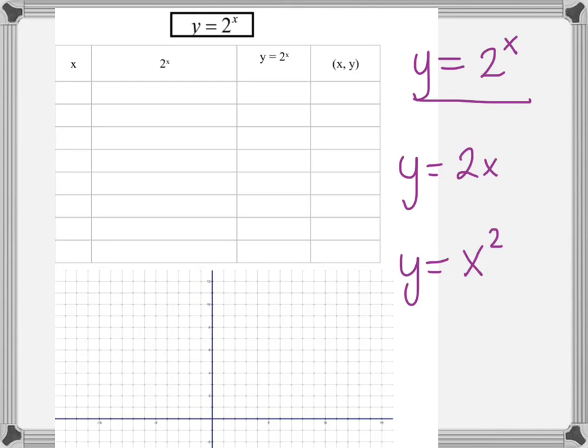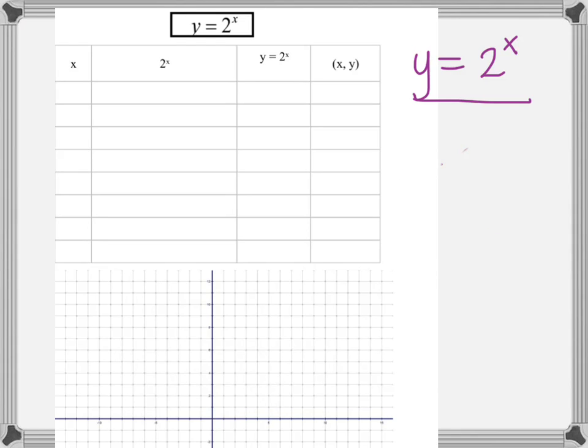The one we're looking at today is the first time that we've seen the variable in the exponent position. So what we're holding constant here is the 2 as the base, and we are raising 2 to higher and higher powers, or lower and lower powers.